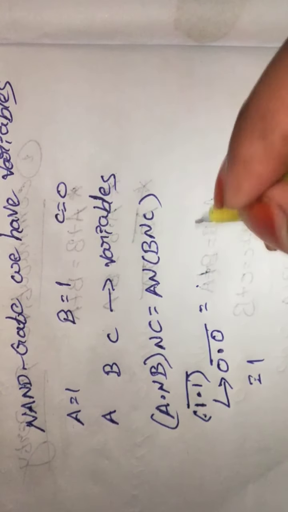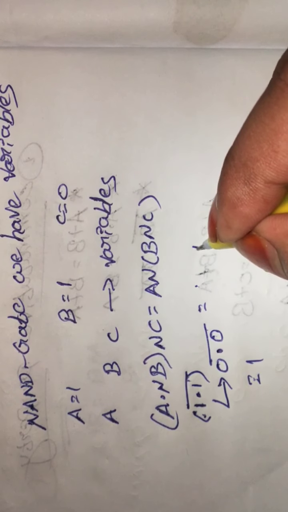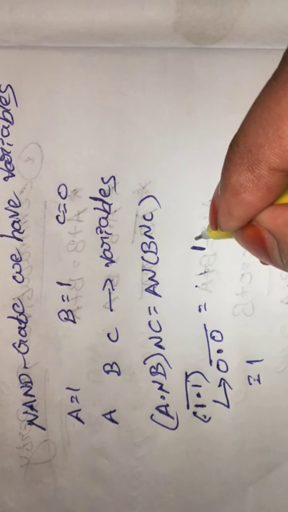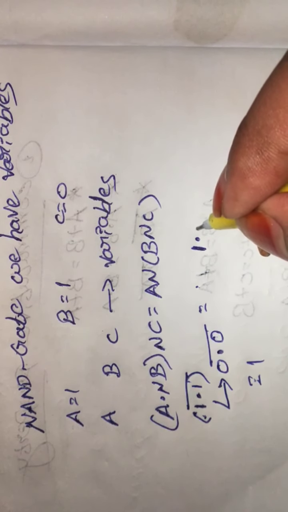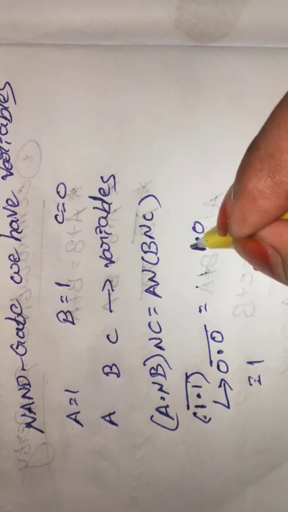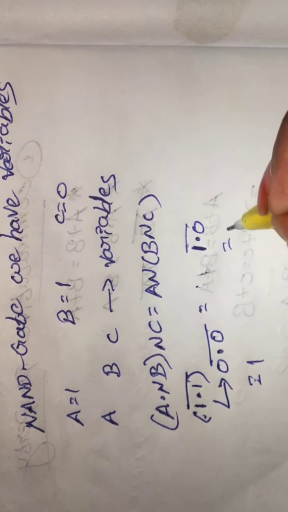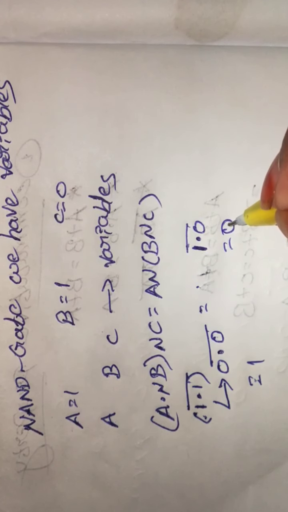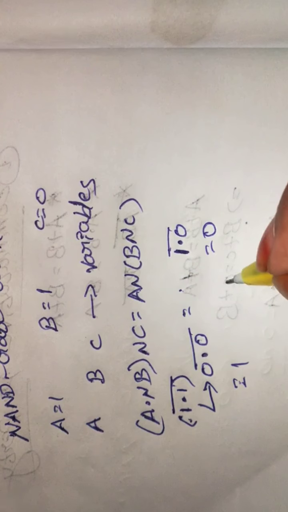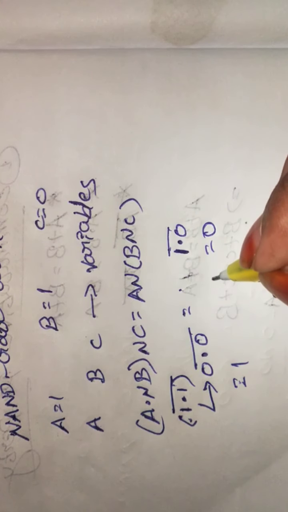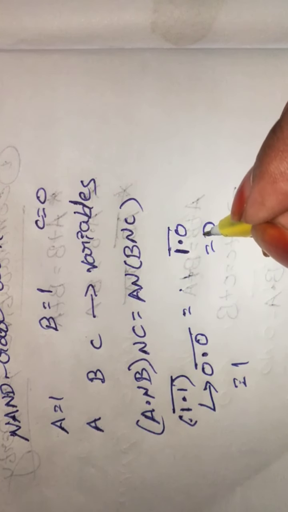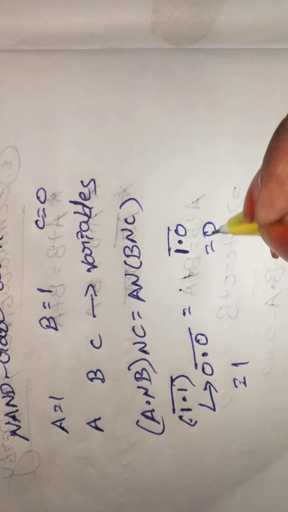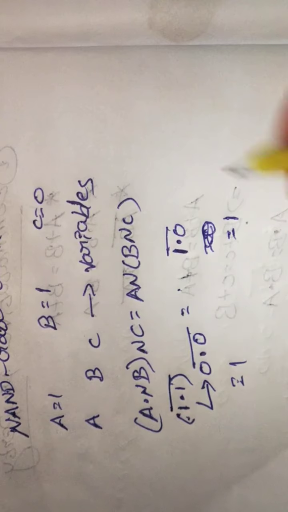And here B equal to 1 and C equal to 0. NAND means whole bar equal to 1.